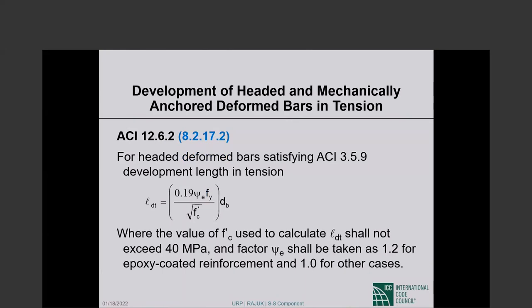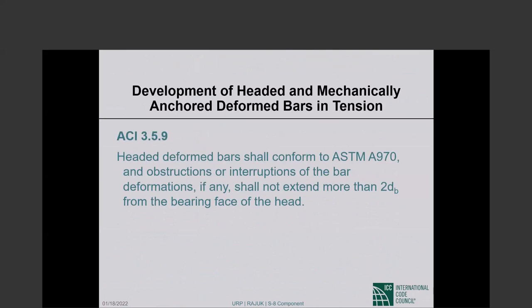If all those conditions are satisfied, you can use headed bars for development or anchorage. For headed deformed bars satisfying 359, what does 359 say?